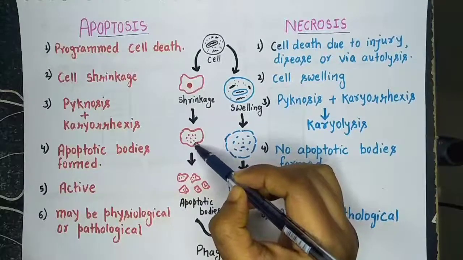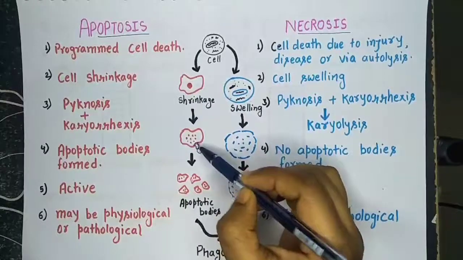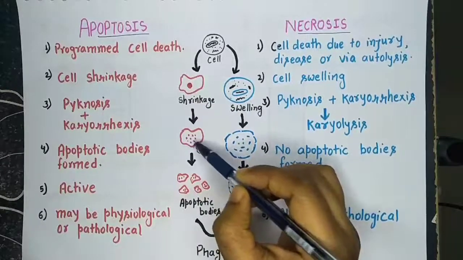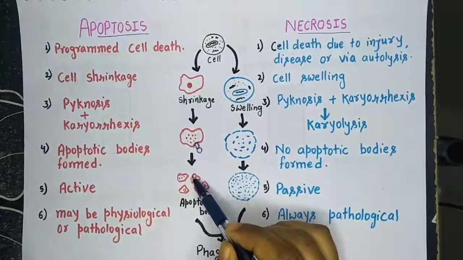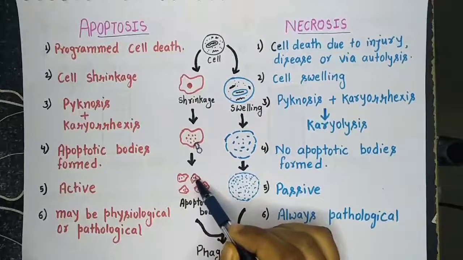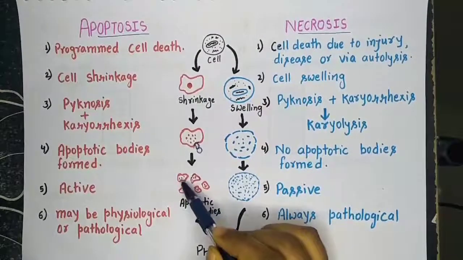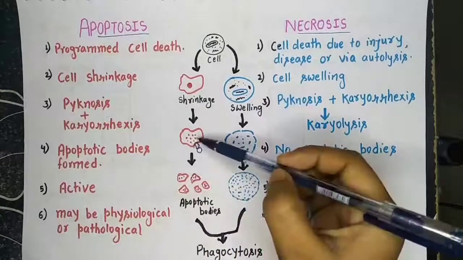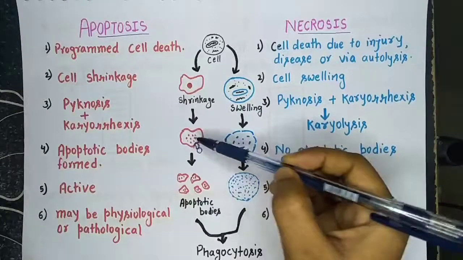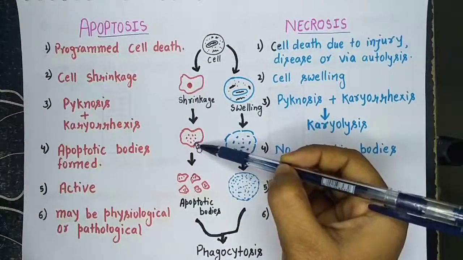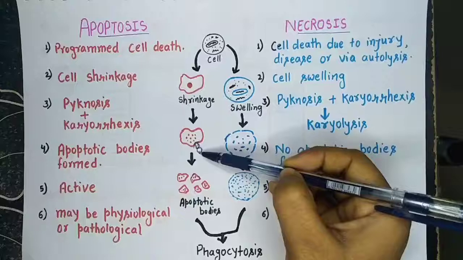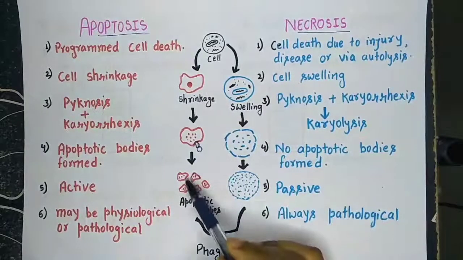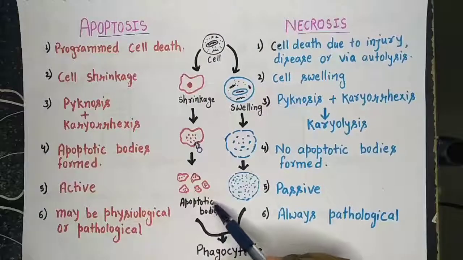First a small bleb is formed like this, and then it gets separated later from the main cell and becomes like this. Apoptotic bodies may also contain small fragments of organelles that may be present inside the main cell, that come out in case of bleb formation and separate out from the main cell. So these are the apoptotic bodies.